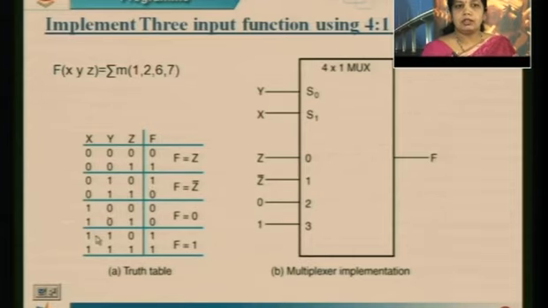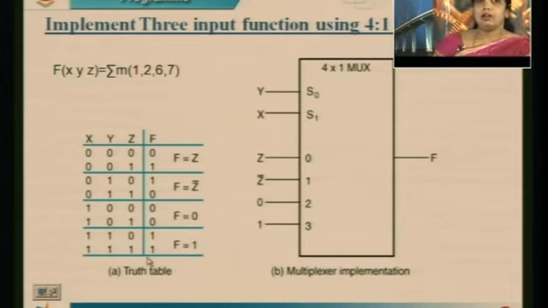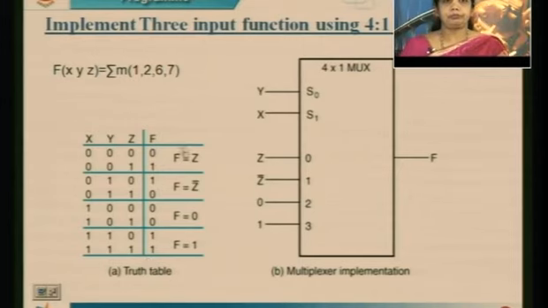For 6, 1, 1, 0, once again my output is logic 1. For 7, 1, 1, 1, my output is logic 1. So 1, 2, 6 and 7 represent logic 1 according to this equation. The rest I have made 0.